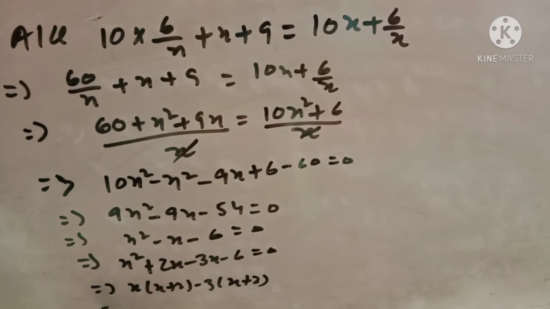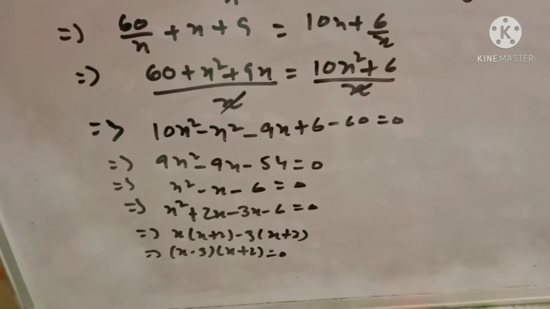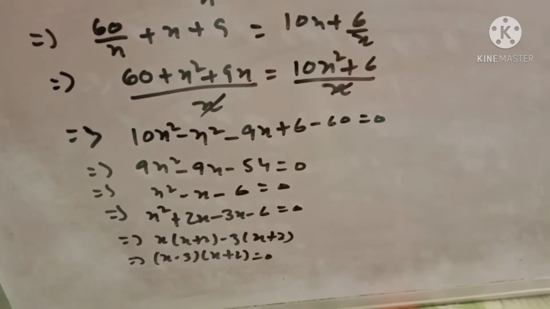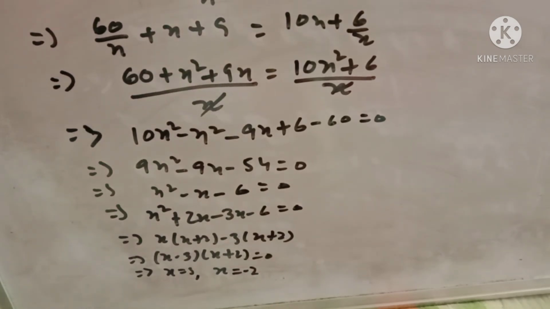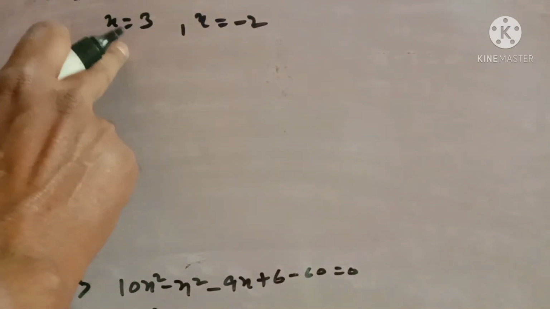So x minus 3 into x plus 2 equal to 0. So two values will come. When x minus 3 equal to 0, the value of x will come 3. When x plus 2 equal to 0, x will come minus 2. Up to here, write down. So two values have come, x equal to 3 and x equal to minus 2.